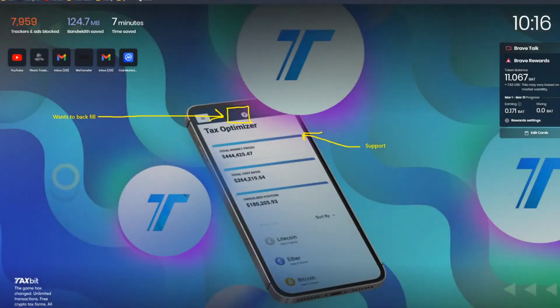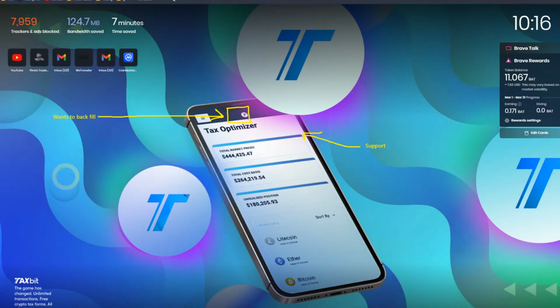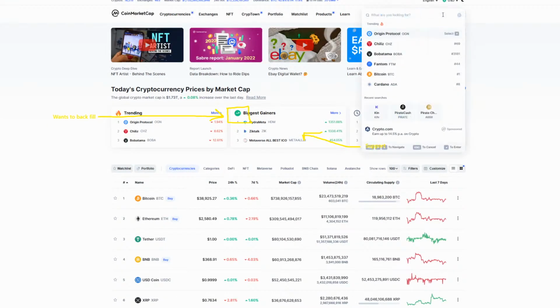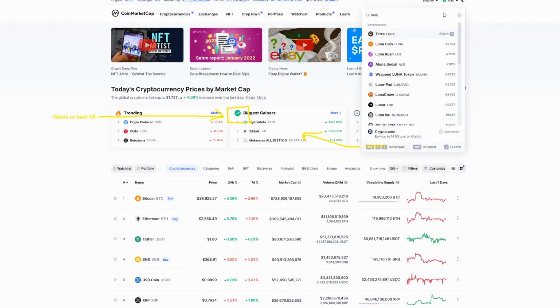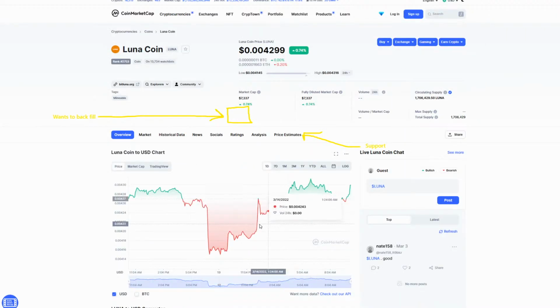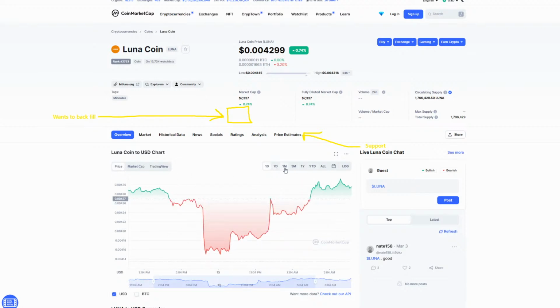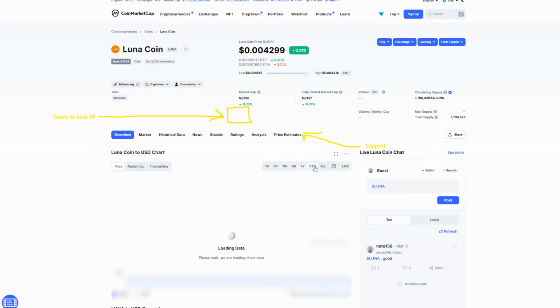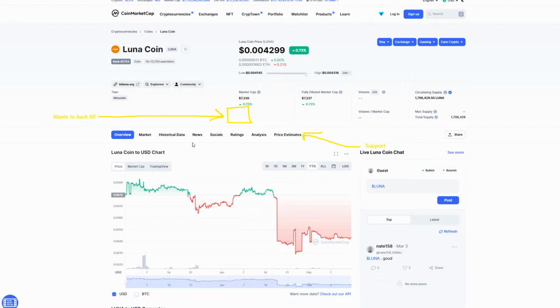I'm so out of that scene these days. You mean Luna coin? Looks pretty bad to me.